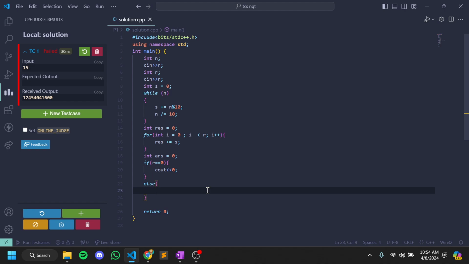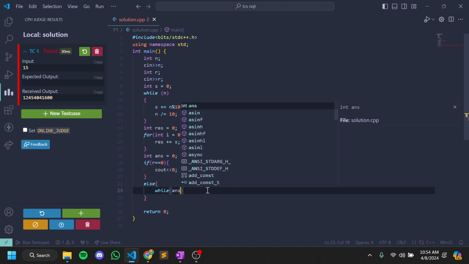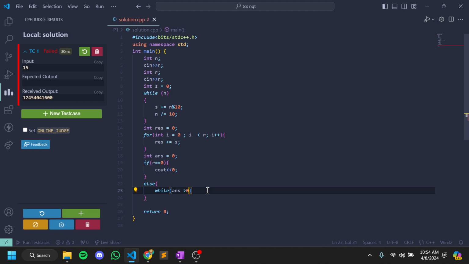So we'll be checking while ans greater than 0, and my ans value should be less than or equal to 9 as well. Why? Because if my ans is less than or equal to 0, or ans is greater than 9, we are not in the valid constraints for a single digit number.